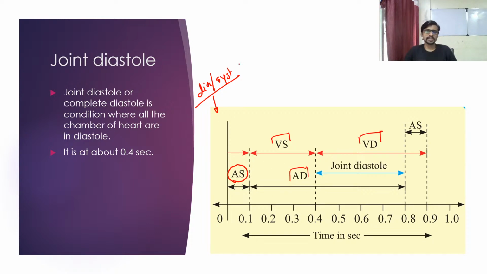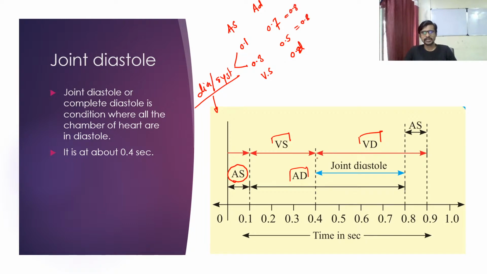As per our discussion, atrial systole takes 0.1 second, and atrial diastole takes 0.7 second. Now for the ventricle, 0.3 second for ventricular systole and 0.5 second for ventricular diastole. So total 0.8 second, total 0.8 second.